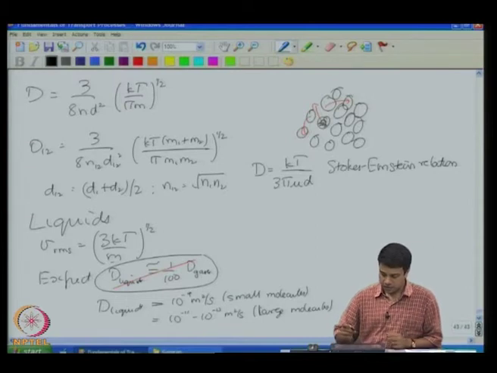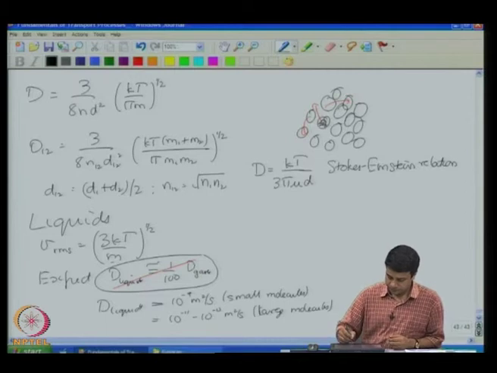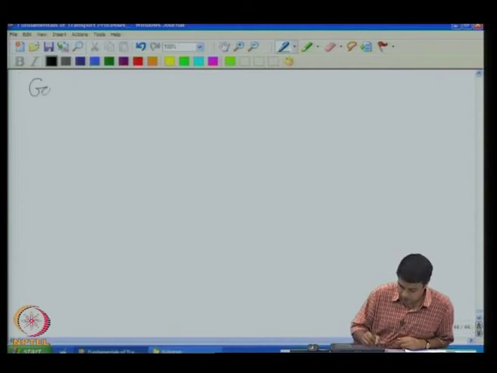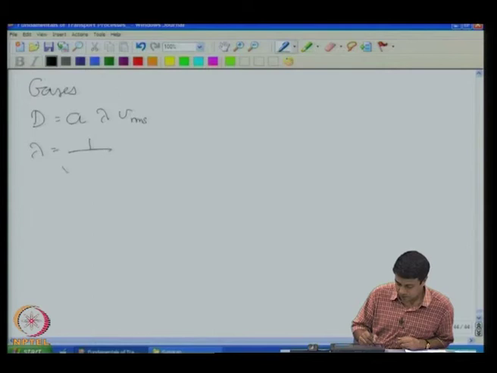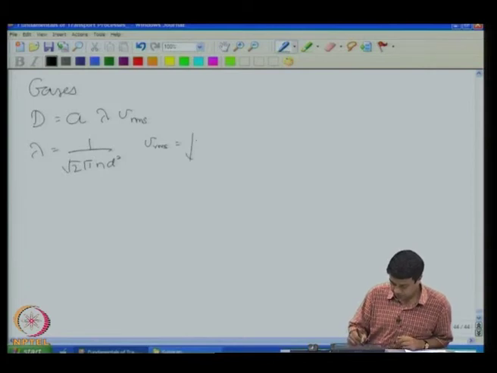And finally, there is one other point to be noted here. In gases, D is equal to some constant, let us call that A, times lambda times Vrms, where lambda is equal to 1 by root 2 pi n d square and Vrms is equal to square root of kT by m.